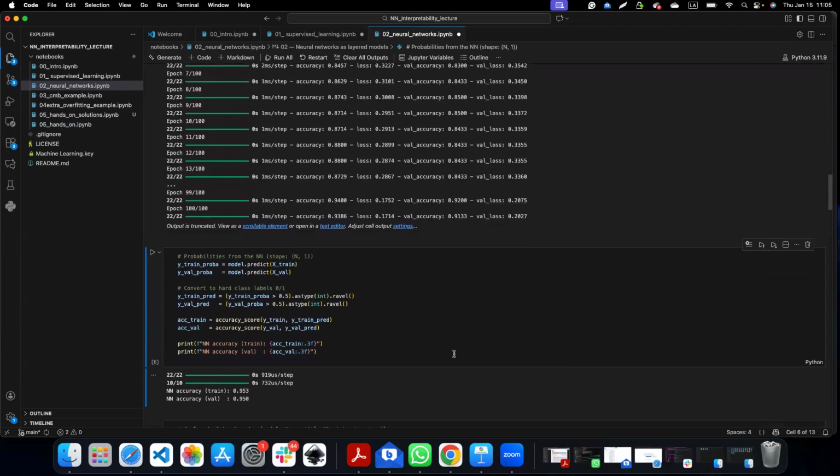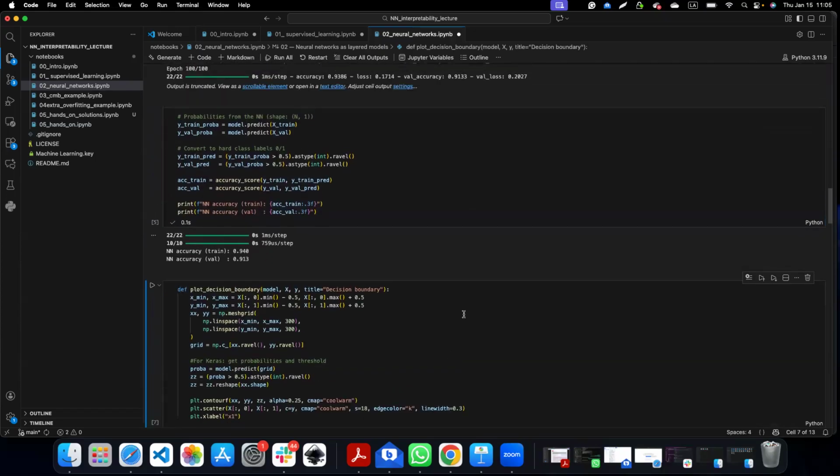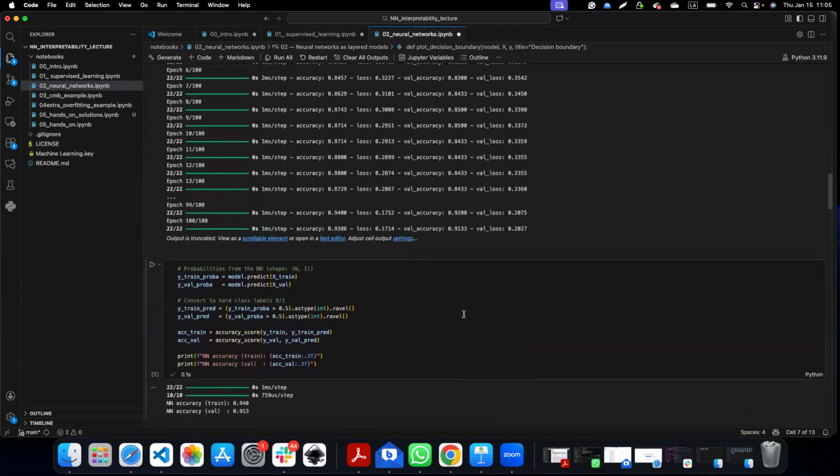Okay, so now let's see. Once we have trained our model, what we need to do is compute the probabilities for data that it hasn't seen before. So we're going to compute for the validation, the prediction, and also for the training.